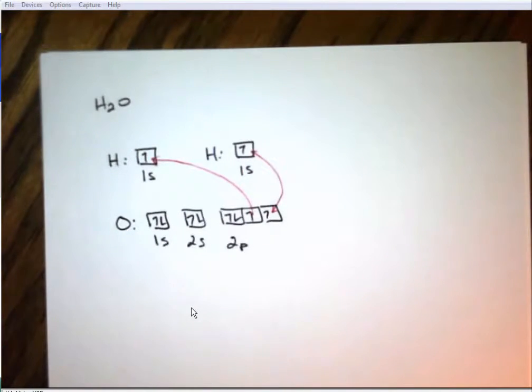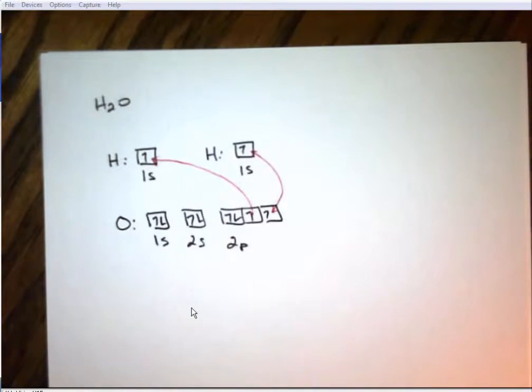When you share electrons, you also share orbitals, and those shared orbitals are called covalent bonds.